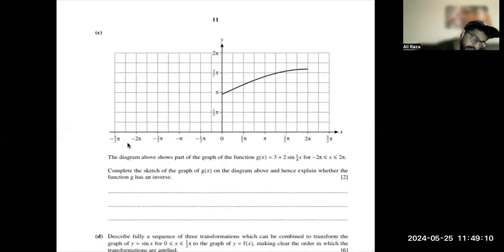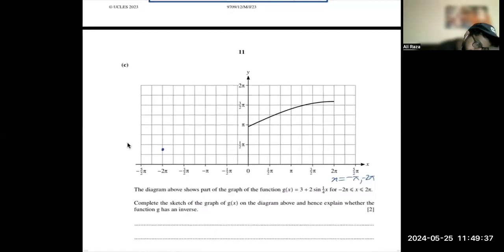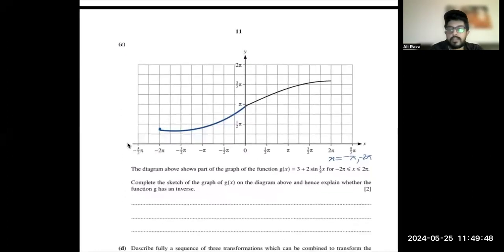We can take the values for x is equal to minus pi and minus 2 pi. This would be the completed graph.